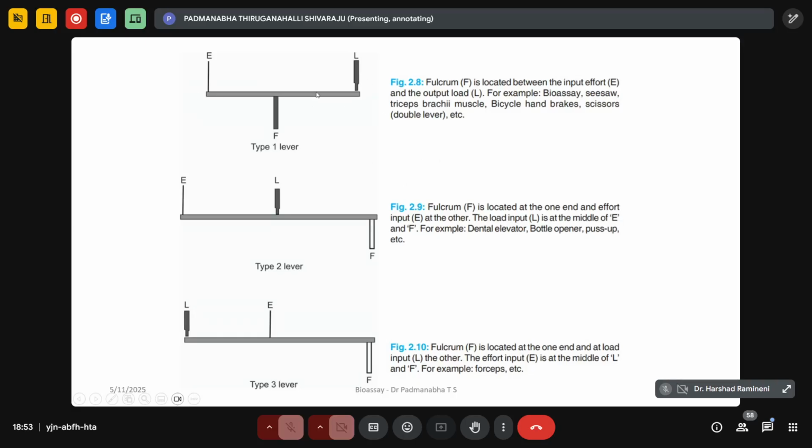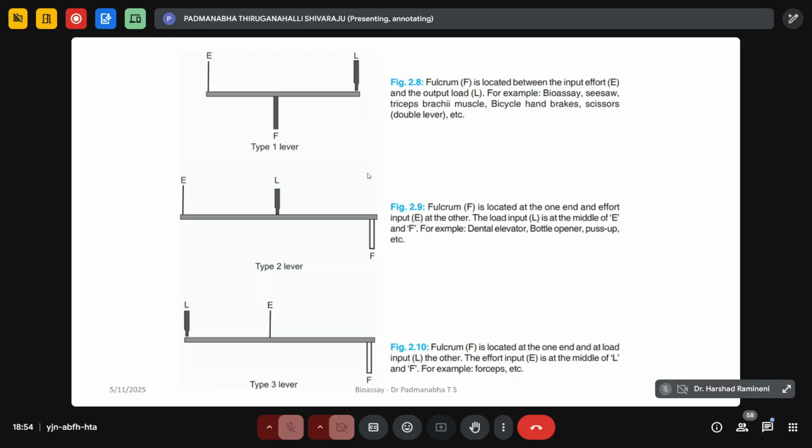This is how you set up a tissue on the organ bath unit, so that the fulcrum, effort arm and load arm are adjusted. Only if this is correct will you get proper magnification. Later you will be able to compare the test and the standard drug.